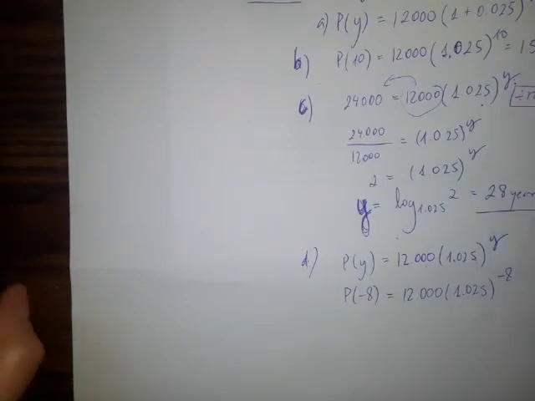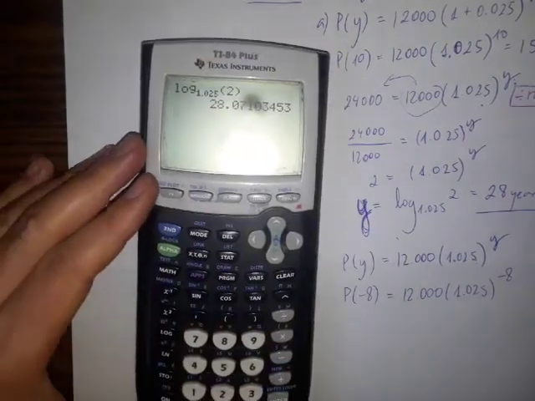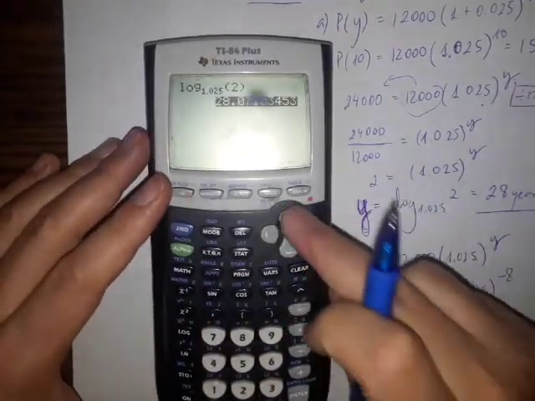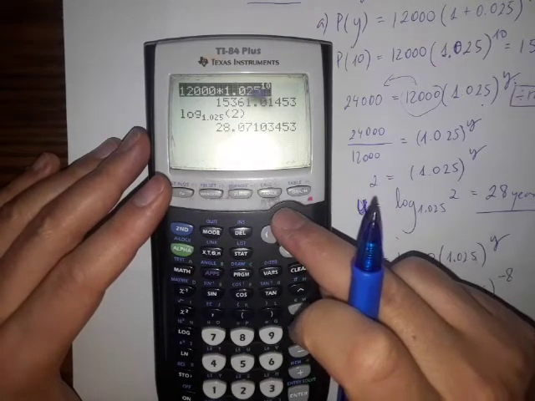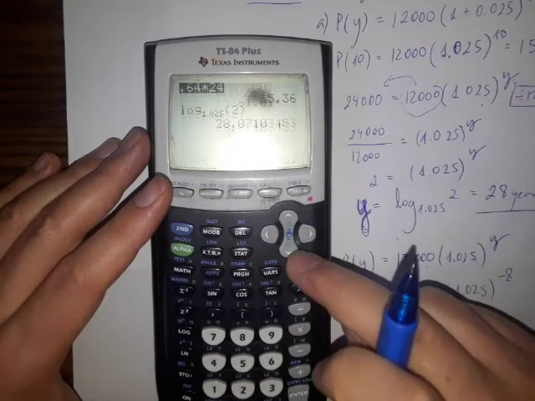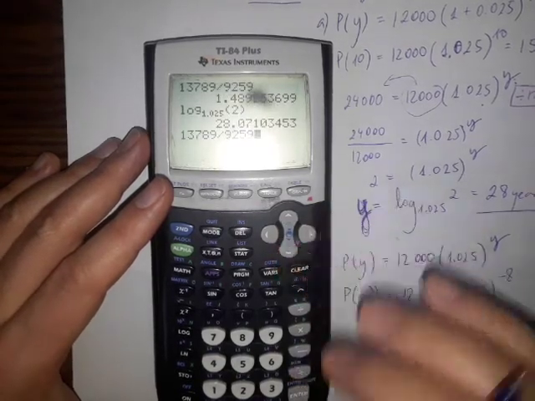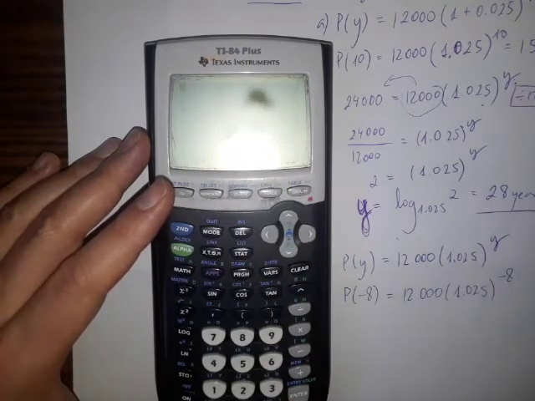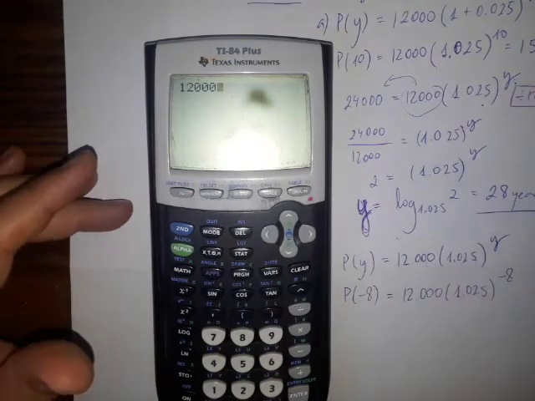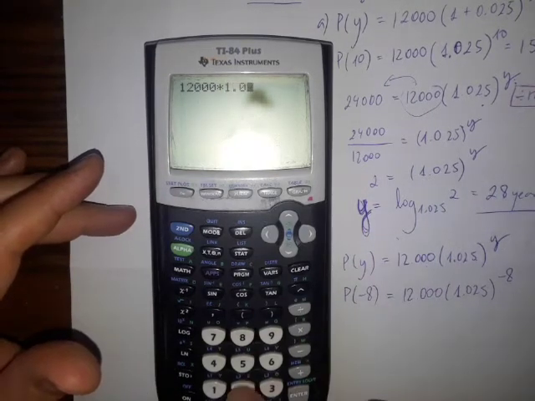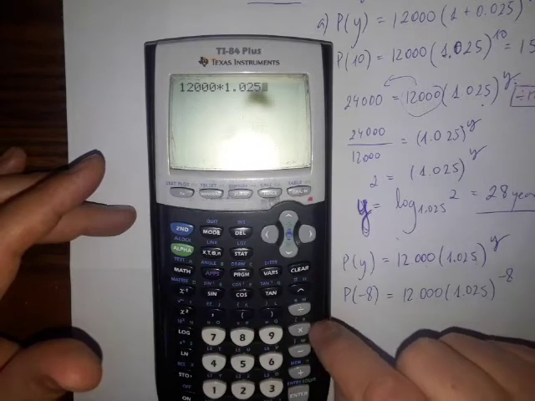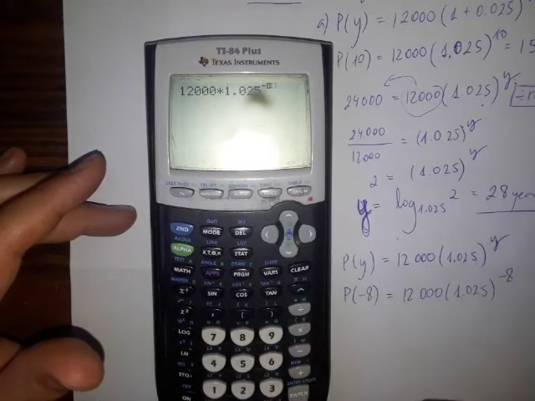If we do that with a calculator, and maybe we can use this, yes, we could use this. Oh my God, what am I doing with the calculator, I'm sorry. So I'm gonna rewrite it again. So 12,000 times 1.025 to the power of -8. And what's the problem here?